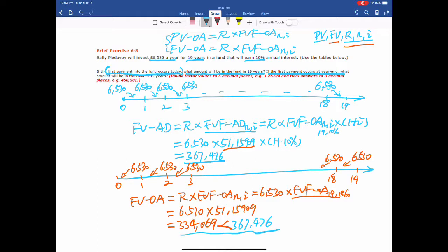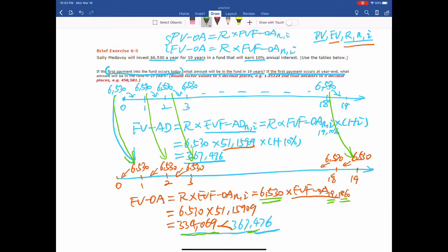Why? Basically, the payment is just one period lag behind. See, this cash flow will move here, this moves to here, this one to here. So why does the annuity due have greater value than the ordinary annuity, even though they have the same amount of rent, the same number of periods, the same interest rate, and the interest is compounded the same way?